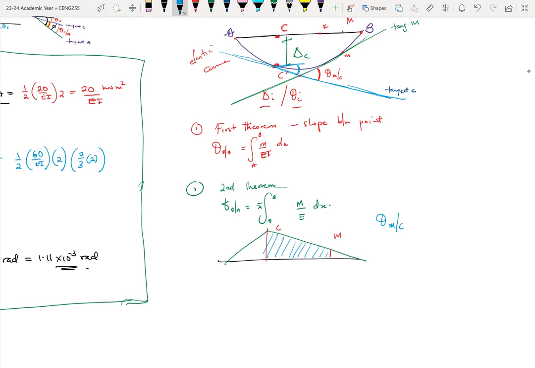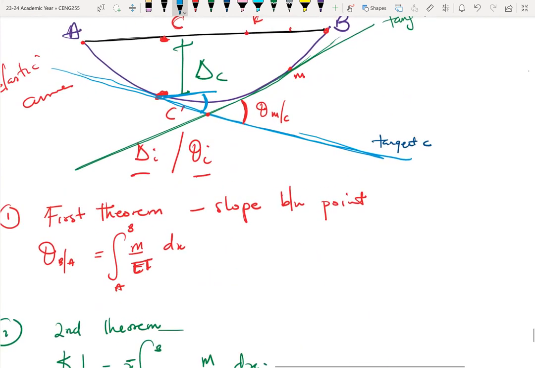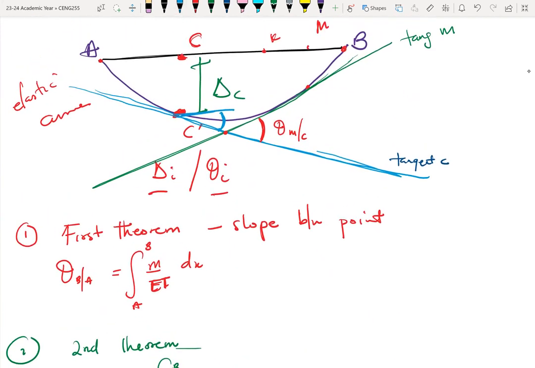Now, the vertical deviation is typically not the actual deflection of the point. It is just how far a tangent drawn from a point is from another point on the elastic curve. For example, I have point M on the elastic curve.